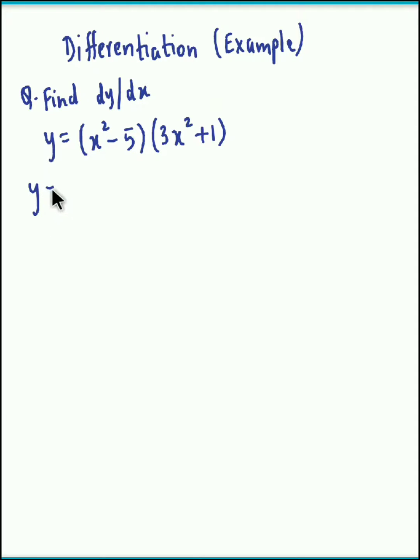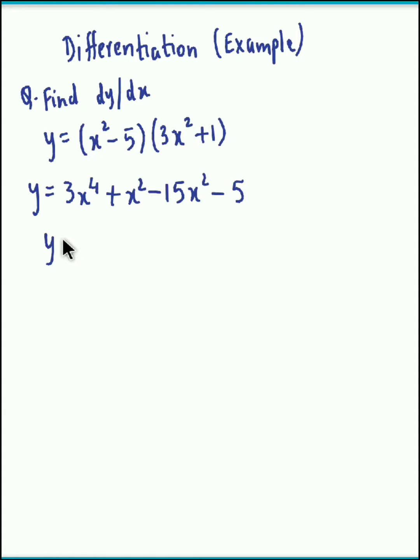So if we just multiply the brackets, x² times 3x², that becomes 3x⁴. x² times 1, so that is x². Now we multiply by −5. −5 into 3x², that gives us −15x², and −5 times 1 gives us −5.